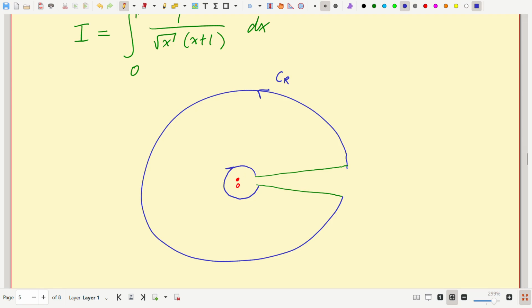It's got to go this way, so I'll call this minus C sub epsilon, a little circle of radius epsilon there. And then that function is going to have a pole at z equals minus 1, so there's going to be a pole right there. And I've got to go counterclockwise, so this is going to go this way here and this way here. I'll call this part top and this part bottom. Well, I'm going to call it minus bottom because it's going the wrong way, kind of.